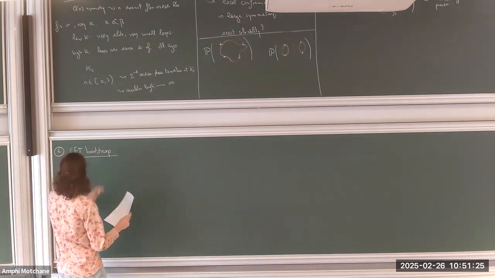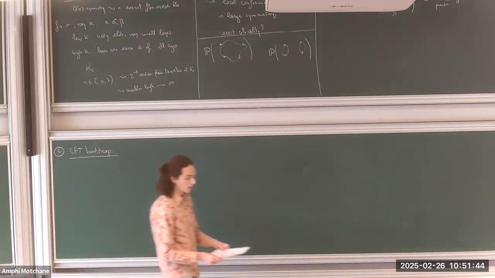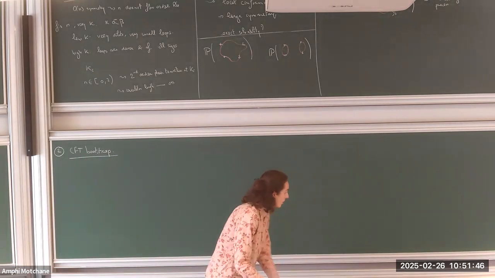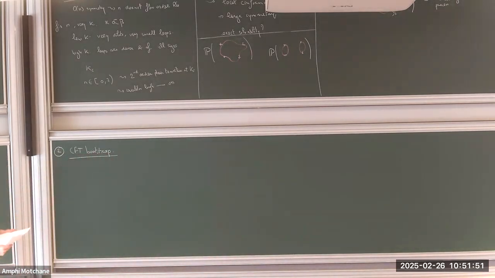So maybe first I should explain the word bootstrap. Bootstrap comes from the expression to pull oneself up by one's own bootstraps, and the idea is just to have a self-consistent approach. So we make a bunch of assumptions, and then we check that these assumptions are consistent together. And just from these very self-related constraints, we're able to say a lot about the theory.